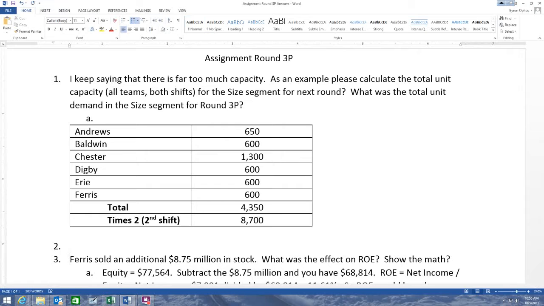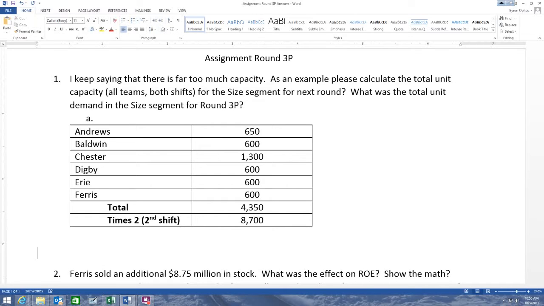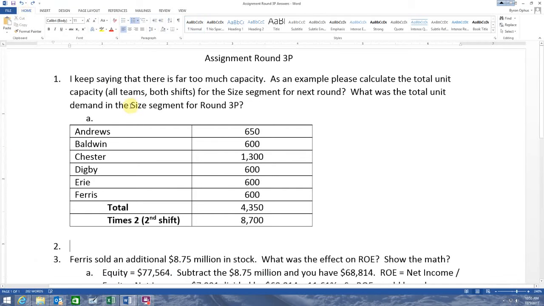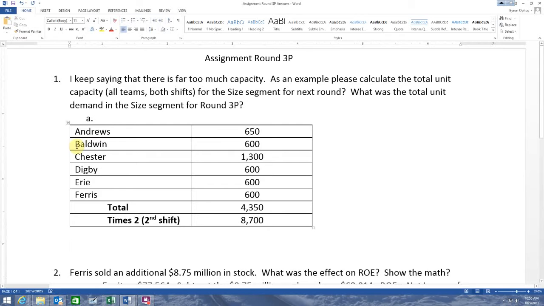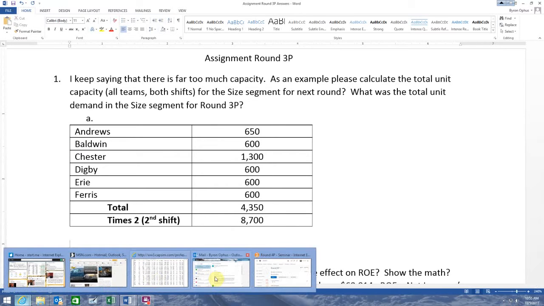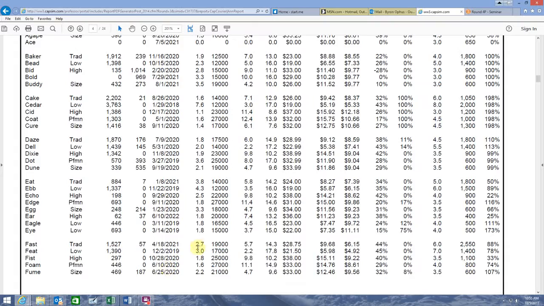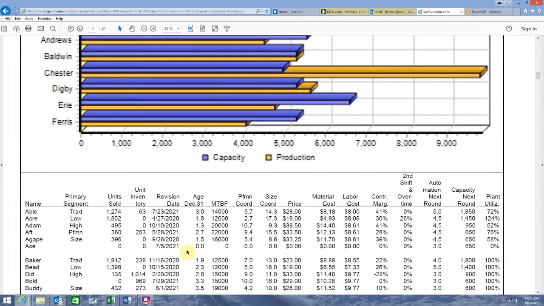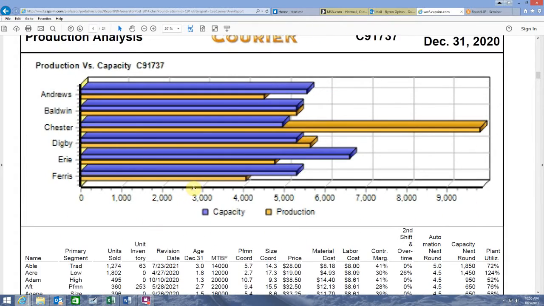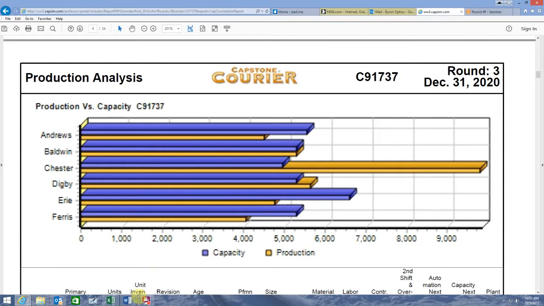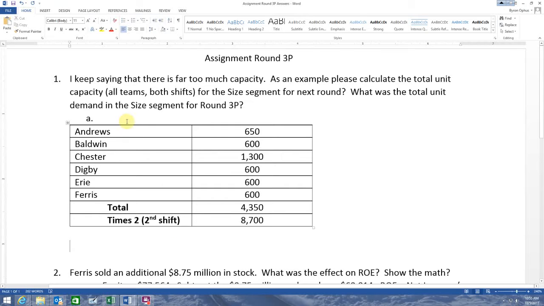Yeah, let me see if I should have that in there. Oops, I didn't want to do that. Hang on here. Let's go take a look at the total demand for the size segment. Did I say for last year? Sorry.